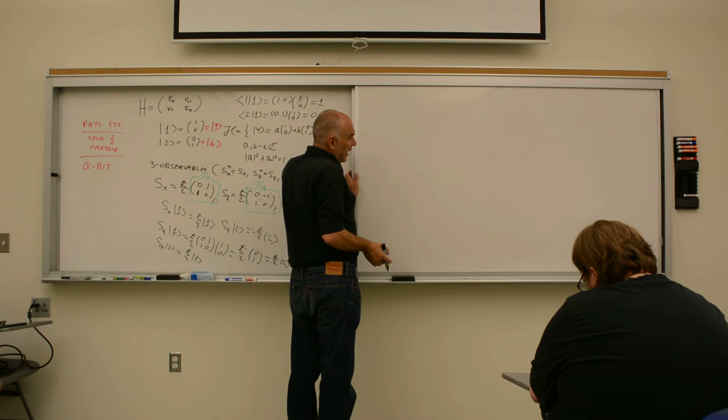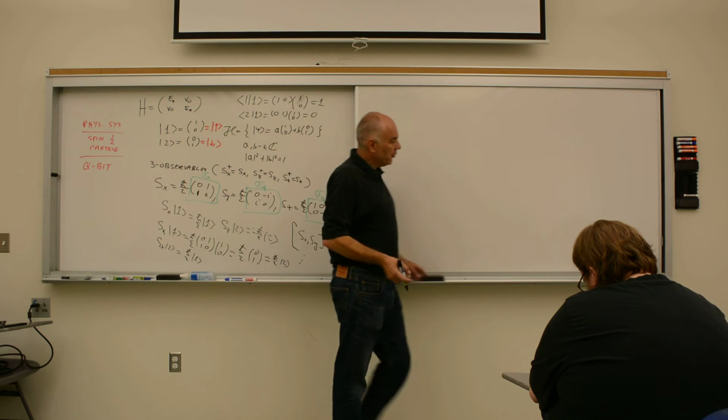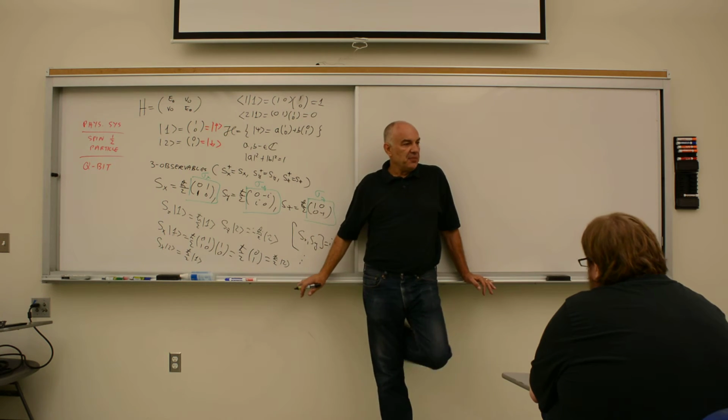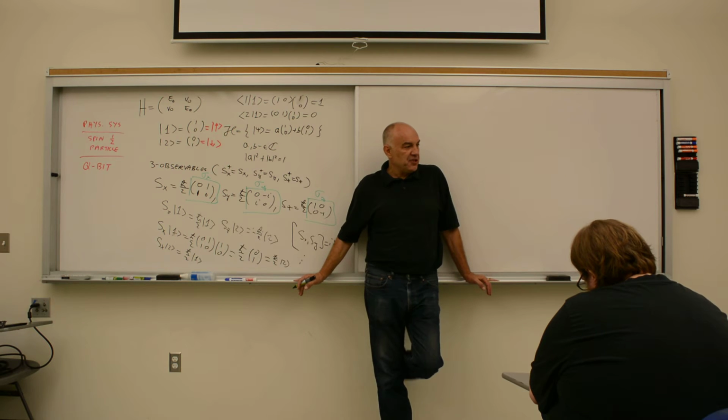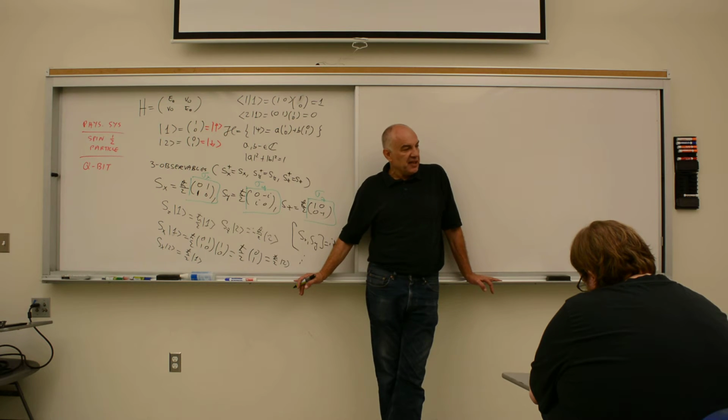That amounts to basically a rotation in a Hilbert space, in a space of states, or a rotation of the coordinate axes. You start with xy axes, let's say, in a plane, and then you want to rotate these axes to a different direction. That's what corresponds to this process.